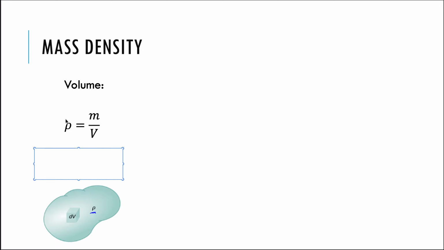So if you rearrange this equation and solve for m, you get m equals rho V. So that means that if you're looking at a very small mass element, dm, that's going to equal rho dV. That's the substitution that we're going to make in the previous integral when we're solving for moments of inertia and we have volumes.